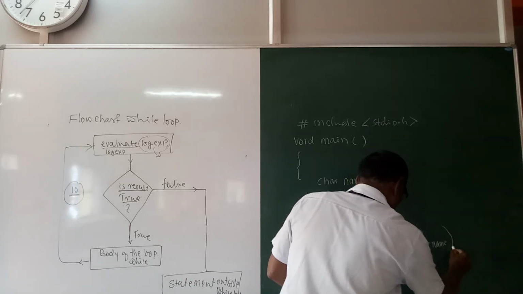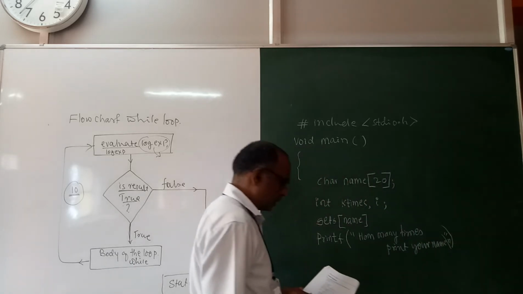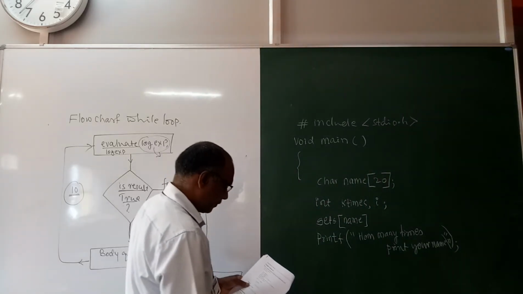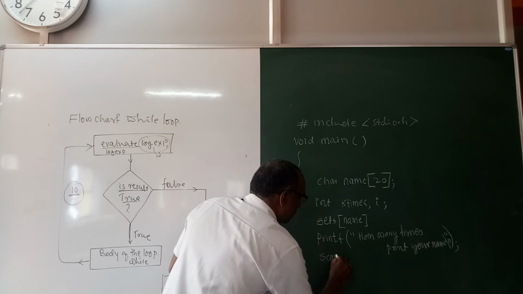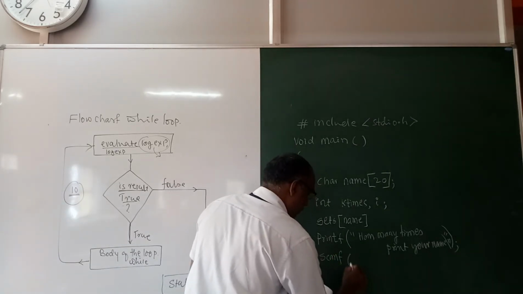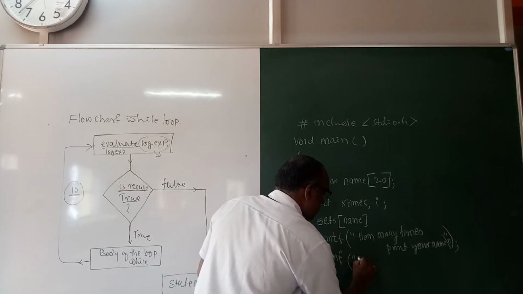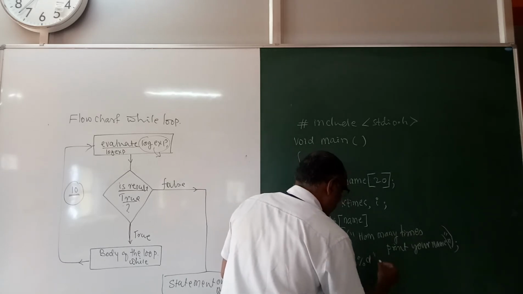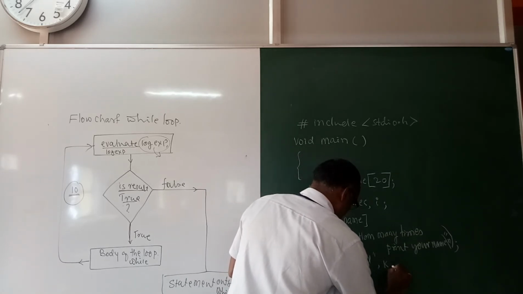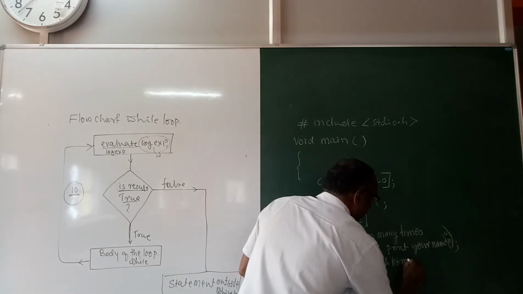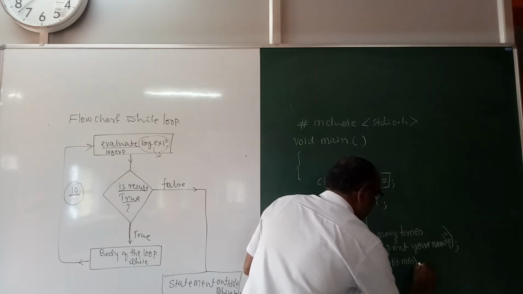This should be completed with \n and a double quote, and terminate it with this. Scanf, this is an input statement. We have to give the data type, that is %d, close this, comma, &k times. Close this.